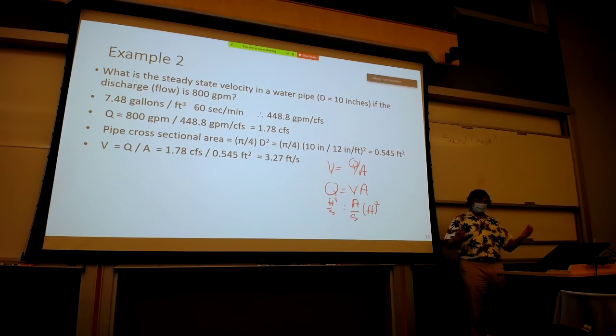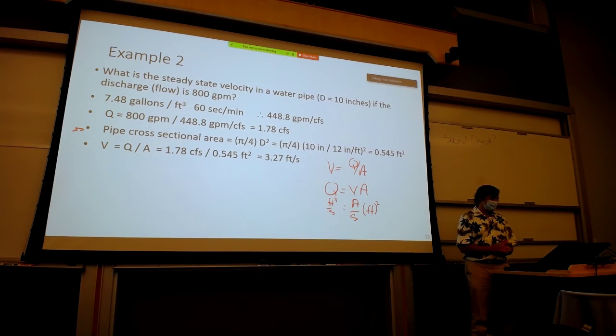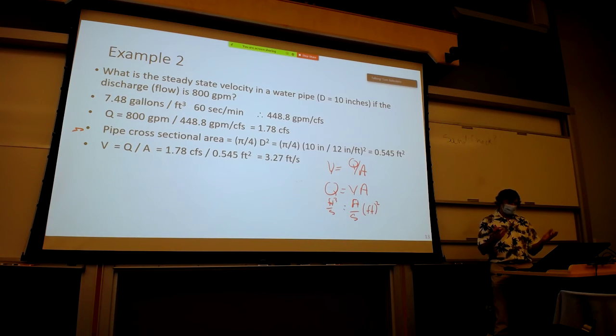Again, it's all dimensionally consistent. So up above, the pipe cross-sectional area is pi over 4 d squared, and that converts to 0.545 square feet. The velocity is then discharge over area, 1.78 cubic feet per second divided by 0.545 square feet, and the velocity is 3.27 foot per second. Okay.